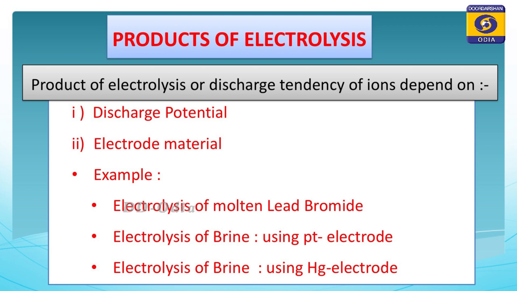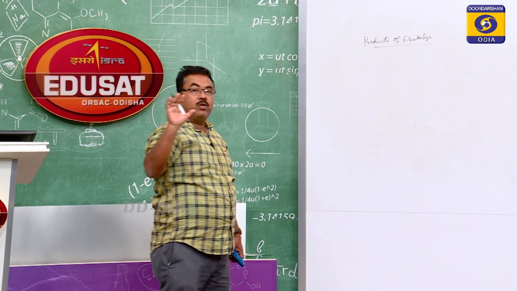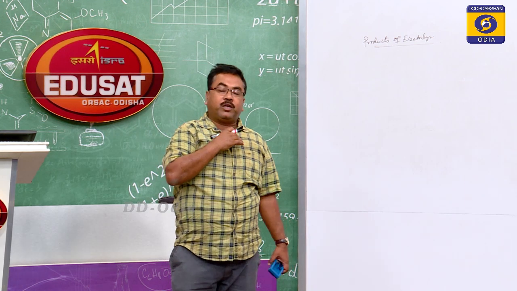The ions carry some charge, either positive or negative, so when they reach the electrode, they lose their charges. A cation receives an electron, and reduction takes place. An anion gives up an electron, and that is where they are discharged. That is known as discharge potential.